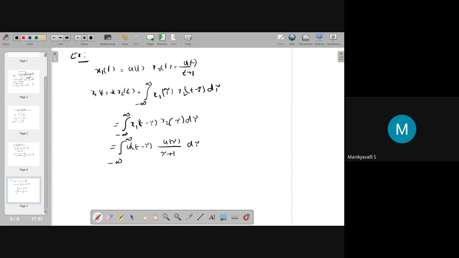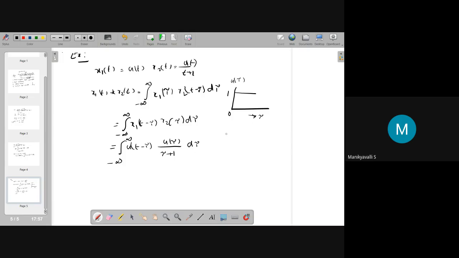How does u of tau look like? So this is 0, this is tau and 1. So this is u of tau, right?